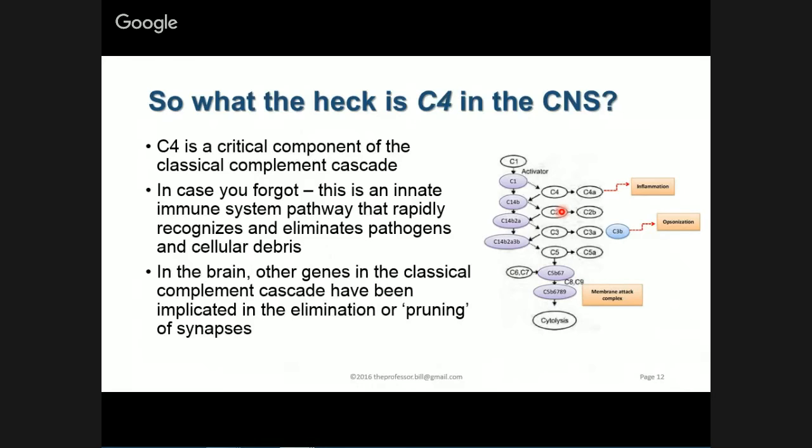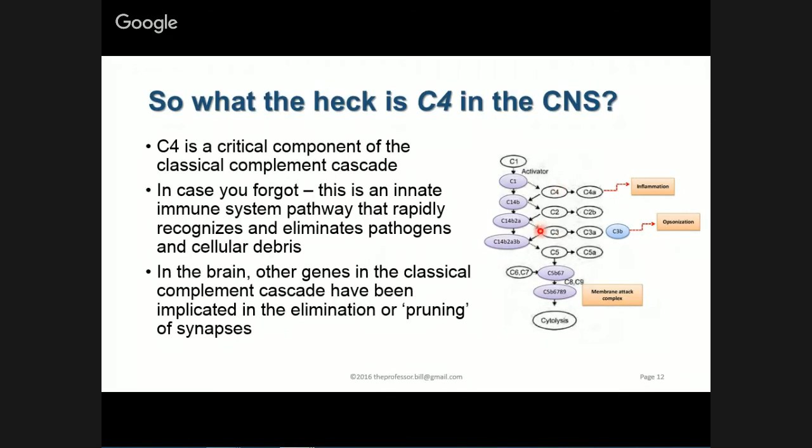Throughout your blood, as part of the complement system, you have all of these different factors that are there until they make contact with a pathogen. When a pathogen comes in contact with any of these elements, the complement cascade becomes activated.